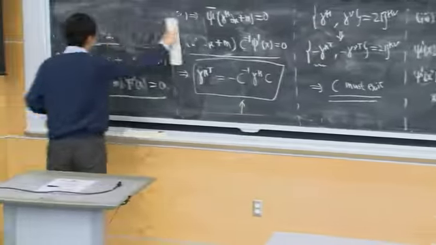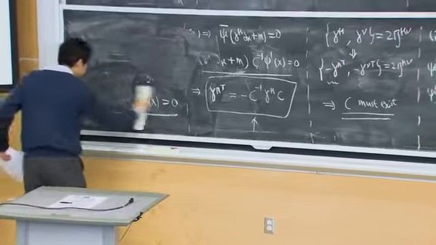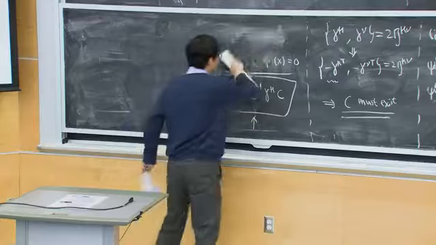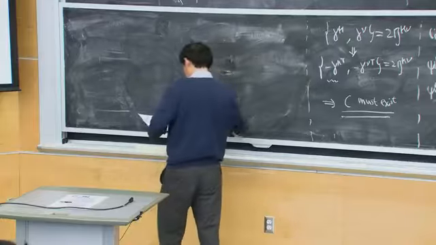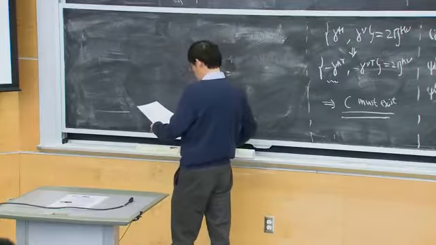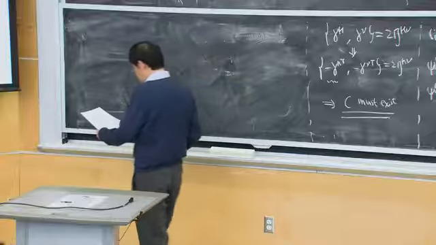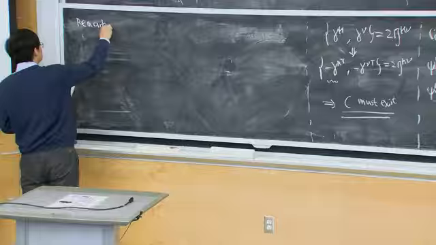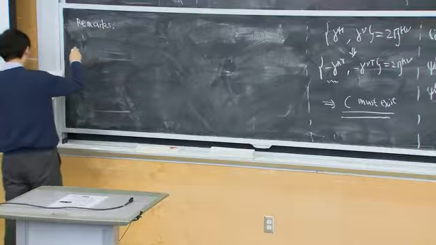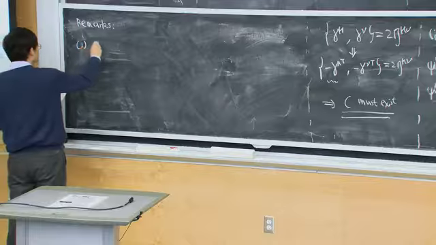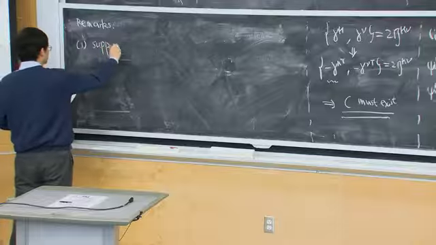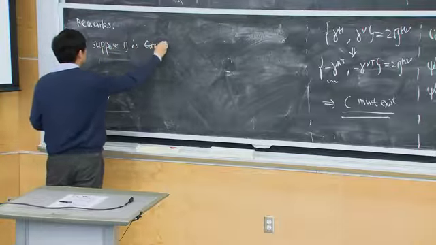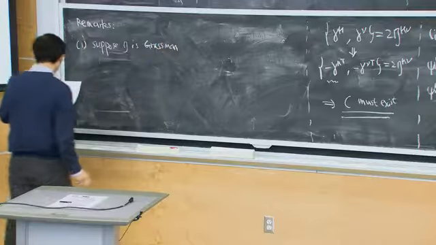So now let's just make a couple of remarks. Suppose eta is another Grassmann variable, okay? Means that it also anti-commutes.